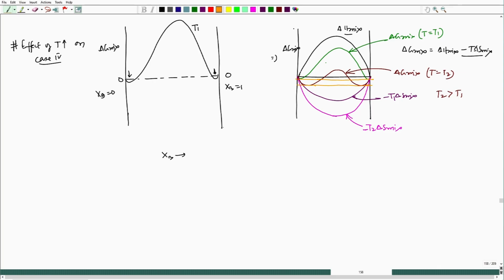So, the compositions which will be stable between the two minima will be those two. So, this is one composition and this is one composition, at T 1, and at T 2 it would be these two. Okay. So, as we increase the temperature, the two composition minima will shift towards each other, rather than moving away from it.